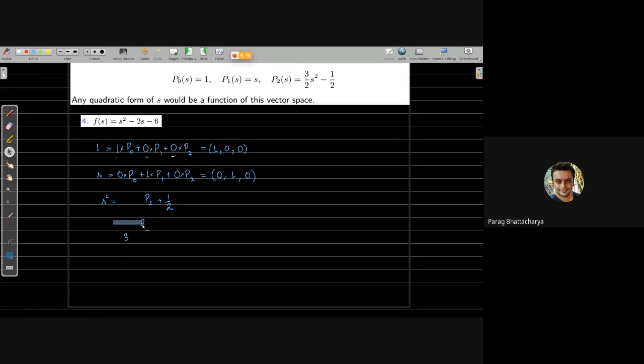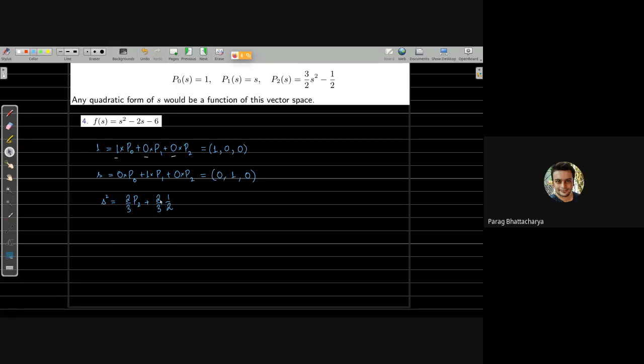Take the reciprocal, 2 by 3, multiply P2. Multiply this with P2. In a similar way, this 1 by 2 also, you multiply this with 2 by 3.